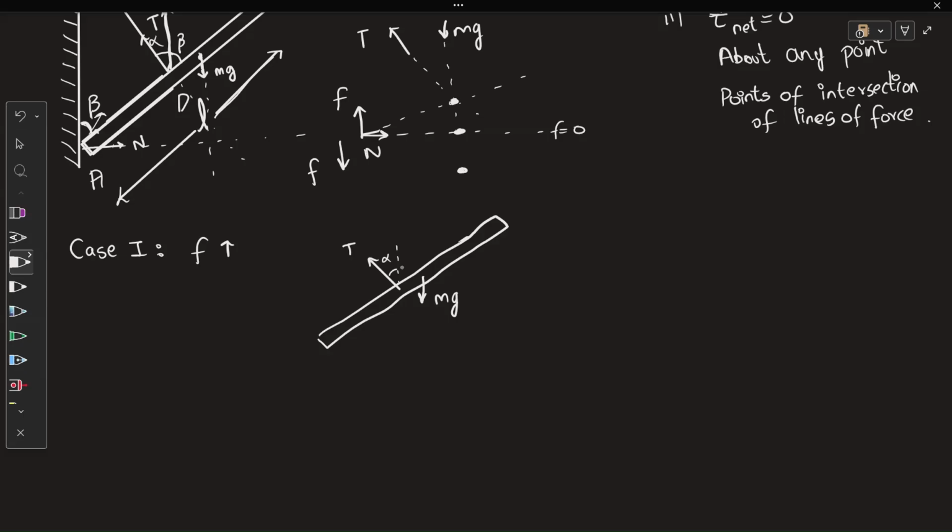This angle is alpha and this angle is beta. Now the normal reaction acts over here, and friction, which is mu n, acts over here.